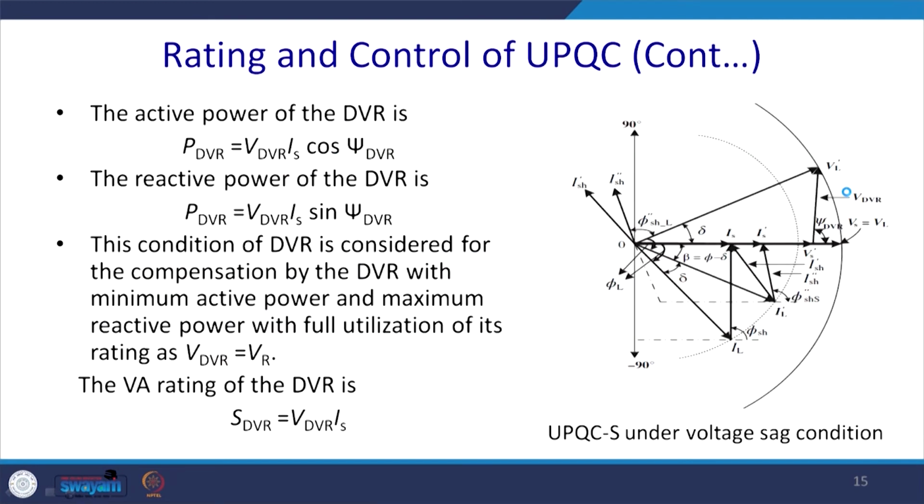Now, the power of the DVR is P_DVR equal to V_DVR into Is cos psi_DVR, and similarly the reactive power with sin psi_DVR. Let us explain with the phasor diagram. Here you will apply this angle optimally. This was 90 degrees and this is the applied voltage.